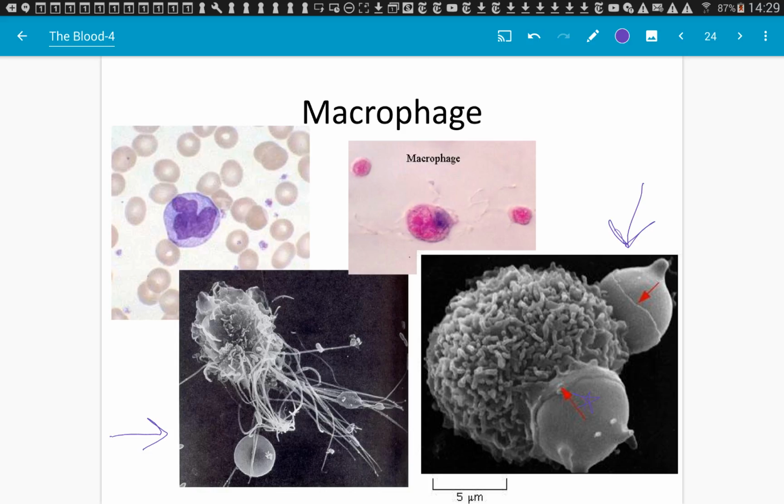So phagocytosis, actually in the process of engulfing them. So that's what the macrophage does, it takes in infected cells, old cells, broken down cells, and then breaks them down to their components. It's a very important job. For example, red blood cells, their lifespan is only 3 months. So we have to be able to break those down and recycle those components and reuse them.